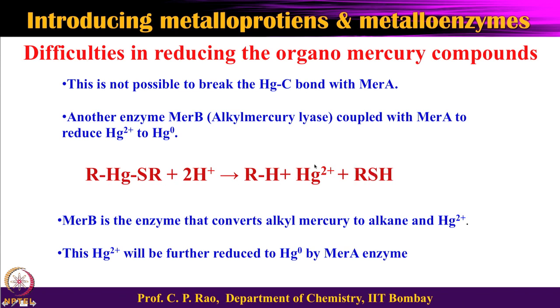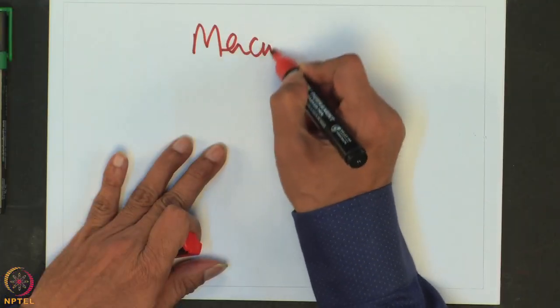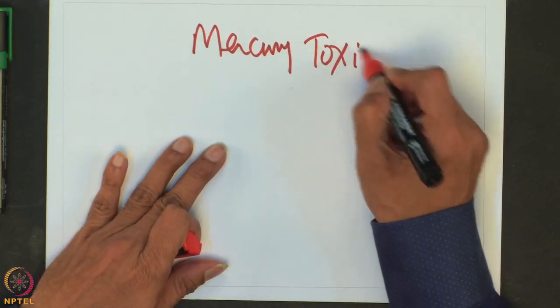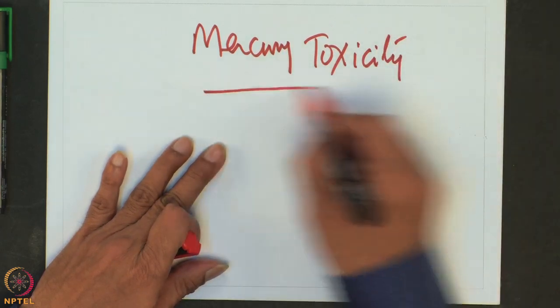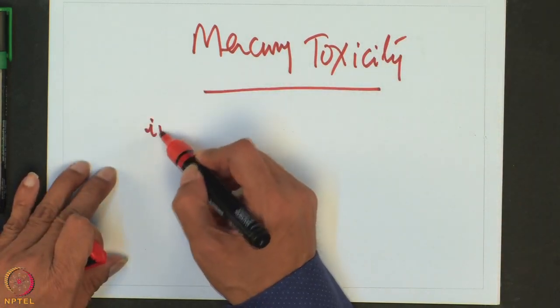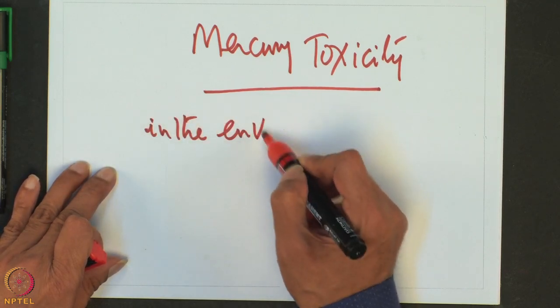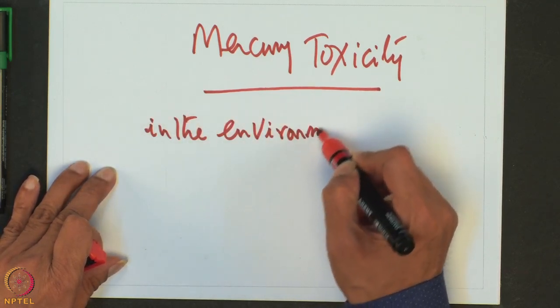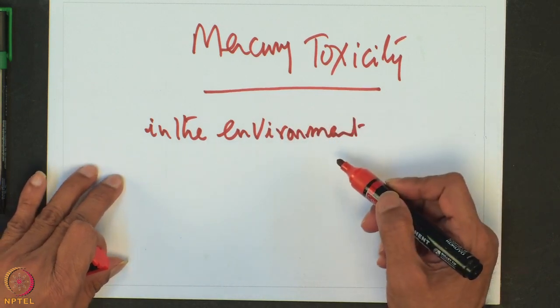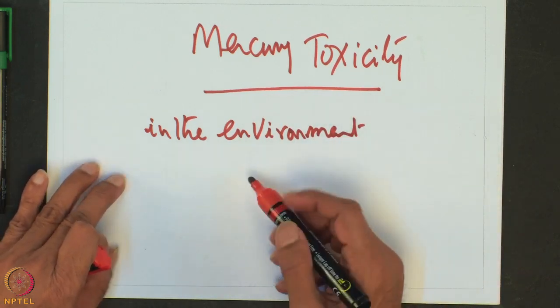So, once you have the Hg2+ or Hg2+ with RSH, that can be worked out by the mercury Mer-A. So, therefore, the mercury toxicity in the environment can be removed by the enzyme Mer-A or a combination of Mer-B and Mer-A.